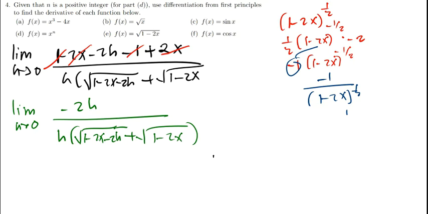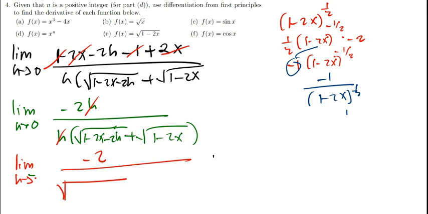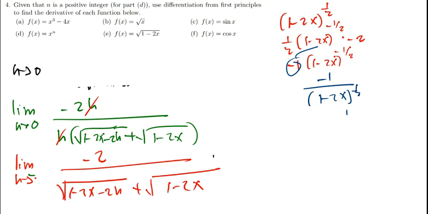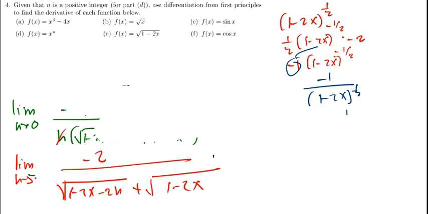Now I can plug in, or I can cancel h. Then I have limit as h goes to 0 of negative 2 at this point. Now we can go ahead and plug in the values. We see what we're going to have.